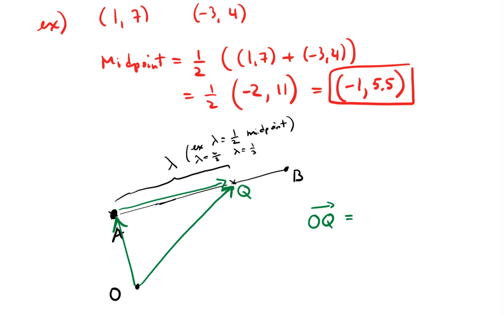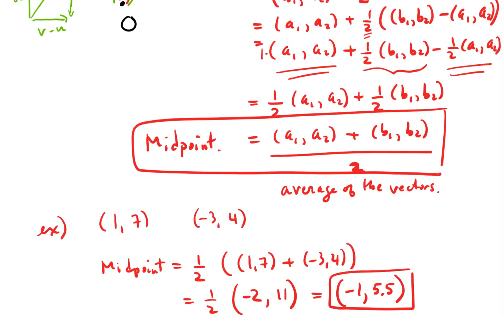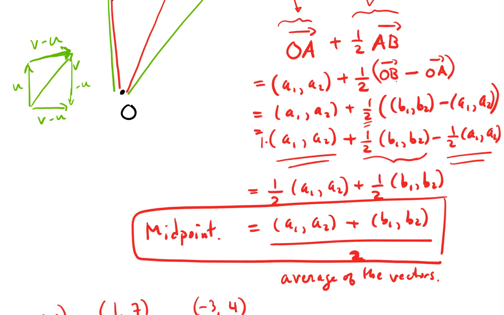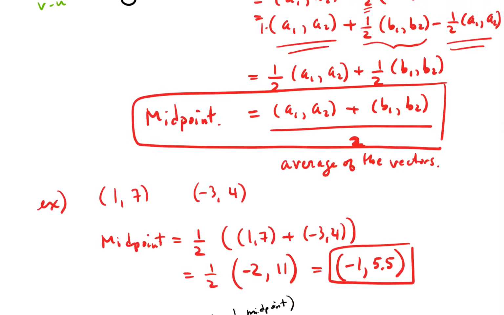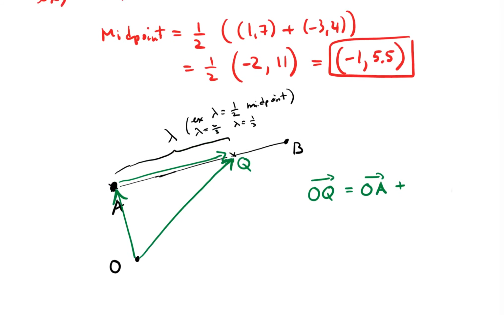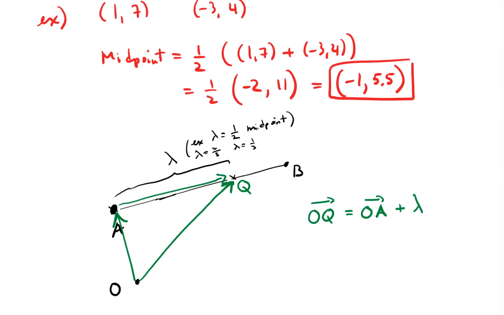So OQ will be what? I'm going to go to A, so OA, and I know the coordinates of A because they're given to me. And all I need to do, instead of doing 1/2 of AB, is in this case lambda times AB, because it's a proportion of AB, and it's not necessarily a half. It could be, like I said, 1/3 or 2/3.